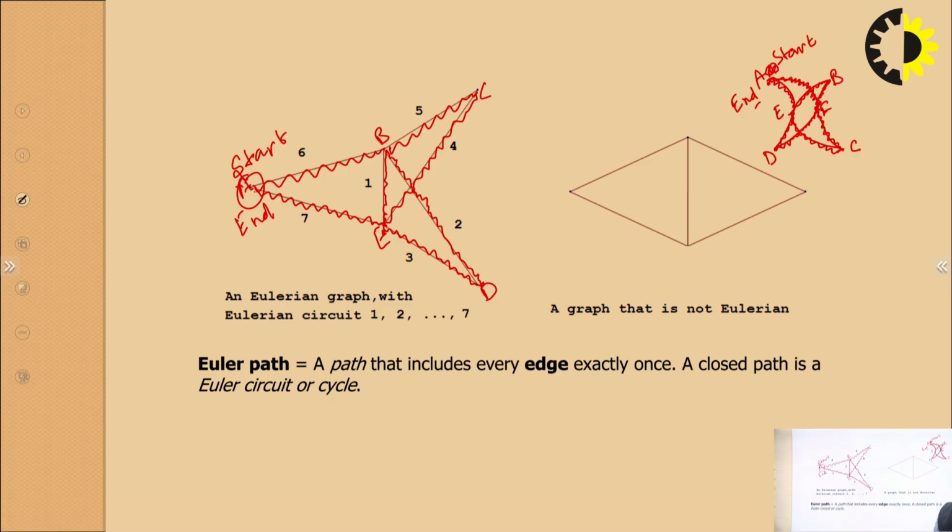We see here all the edges are traversed without repetition of any edge, and the start and end point are the same, so an Euler circuit forms here.